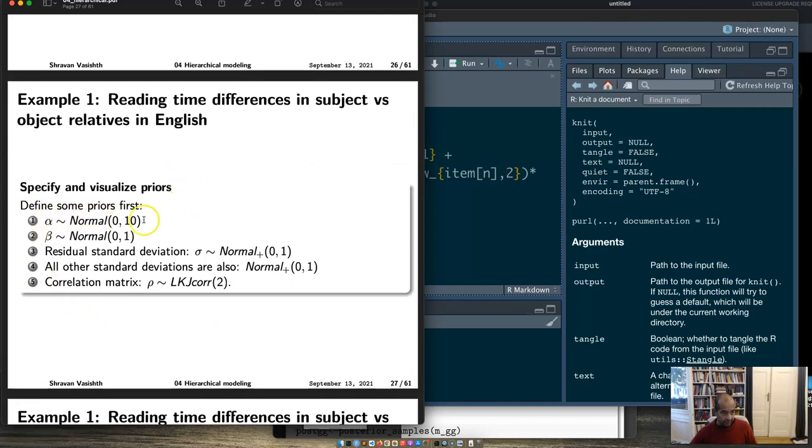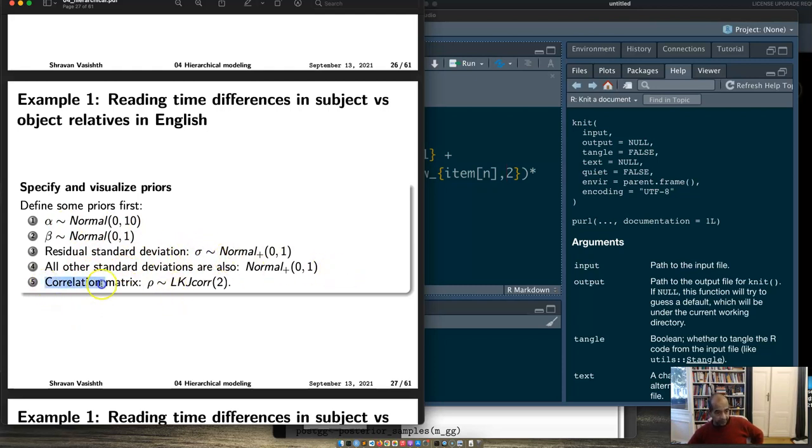We're going to define some vague prior on alpha. This is not a very realistic prior, but we can live with it for now. For beta also, we'll define a pretty vague prior. On the log scale, a 0, 1 prior is very liberal. It's allowing a lot of variation. Then we have a truncated standard normal for sigma and for all the other variance components.